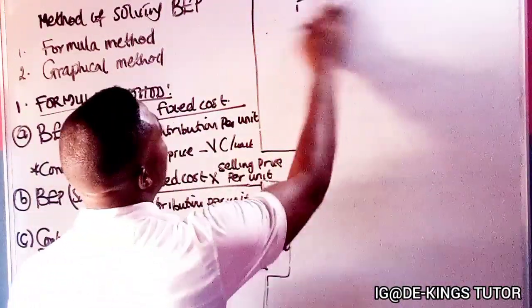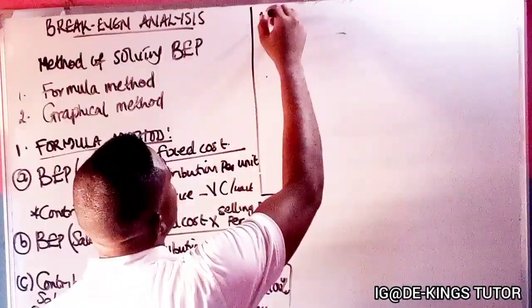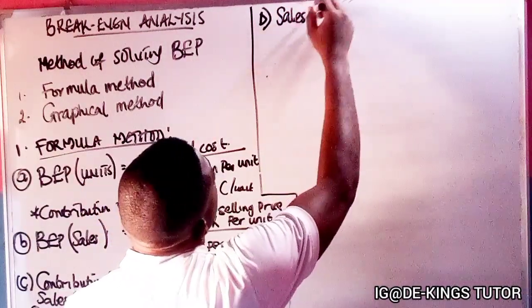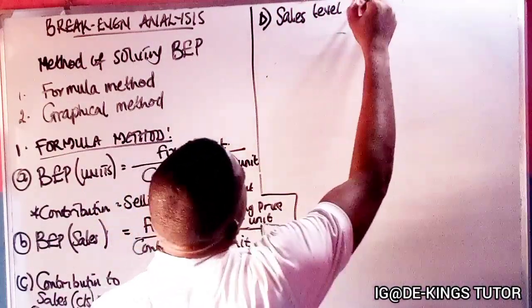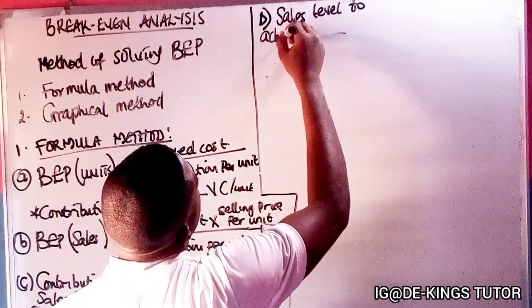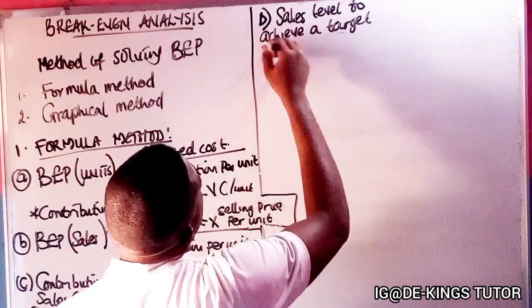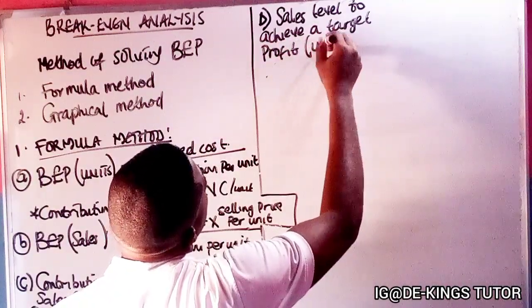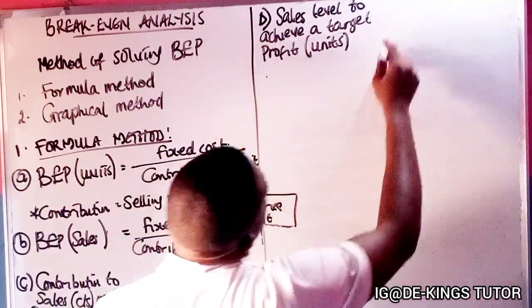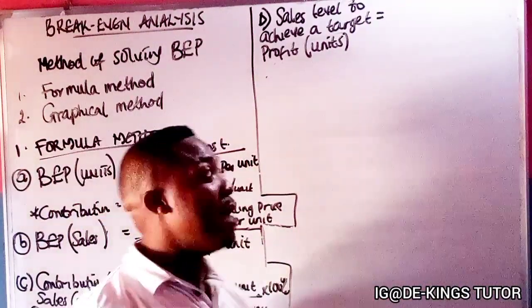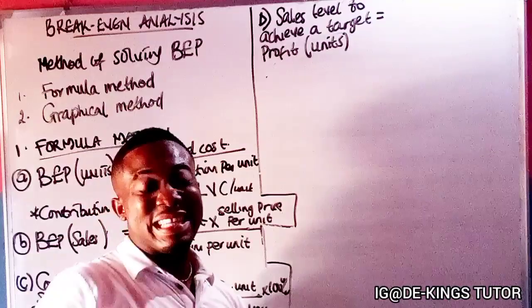Now the D, sales level to achieve a target profit in units. Most times, a businessman will want to achieve a target profit.